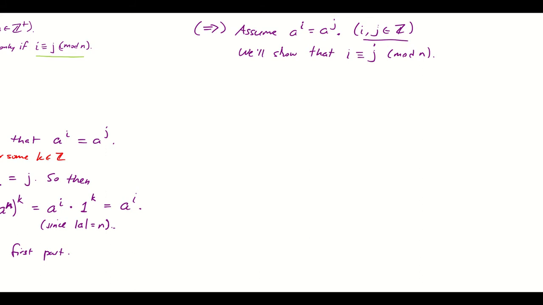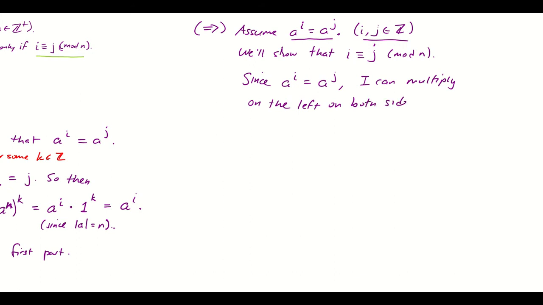So I'm going to start out sort of the same way I did in the previous proof, which is I'm going to rewrite this equality so that we have the identity on one side of the equation. So since a to the i is equal to a to the j, I can multiply on the left on both sides of the equation by a to the negative i.